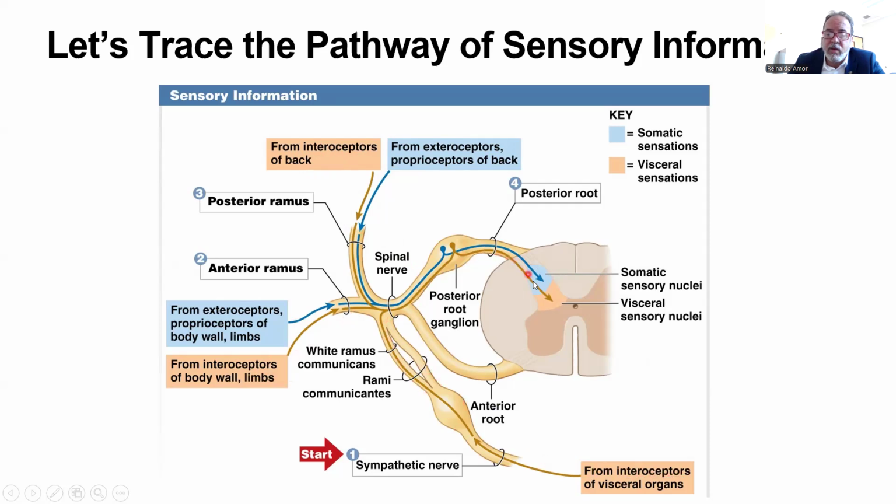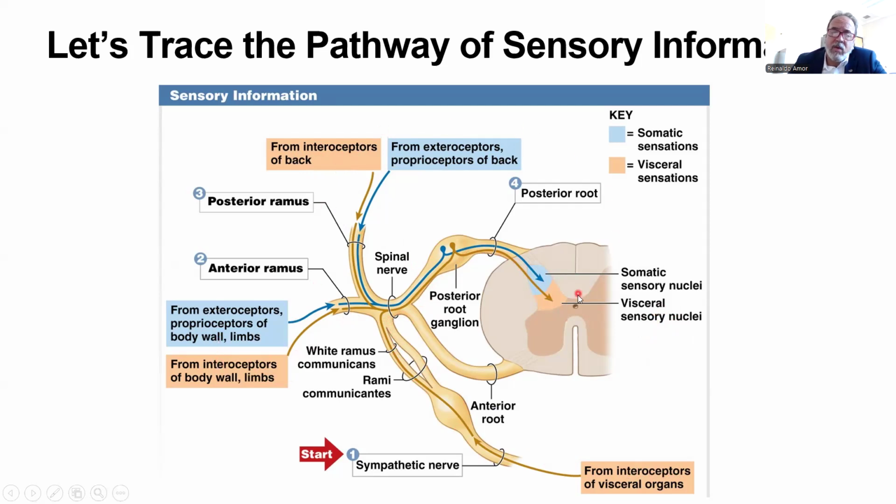And that information is going to be received by visceral sensory nuclei, the cell bodies of sensory neurons that are going to be receiving visceral information picked up by interoceptors.